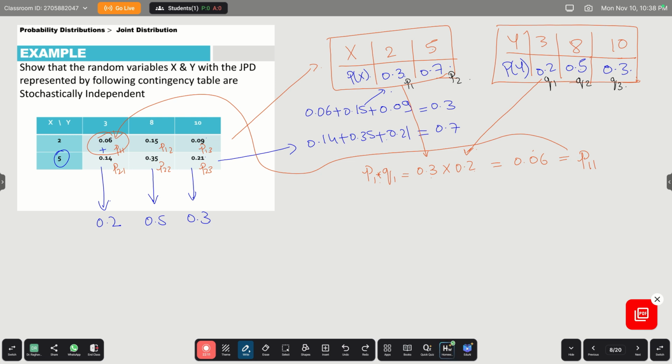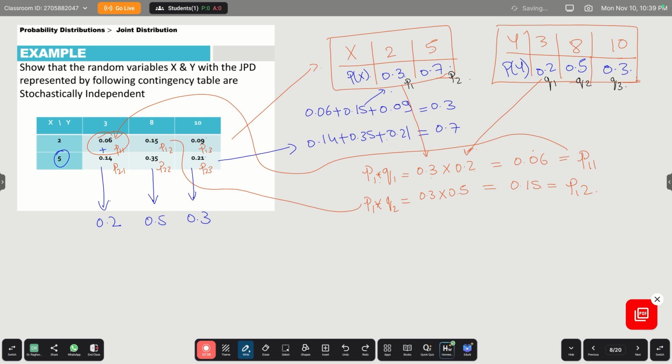Similarly, let us keep P1 but change the value of Q. We need to check all the combinations. So P1 multiplied by Q2. P1 is 0.3 and Q2 is 0.5. If you multiply these two, 5 3s are 15, 0.15. Is this P12? Let us check what P12 is.